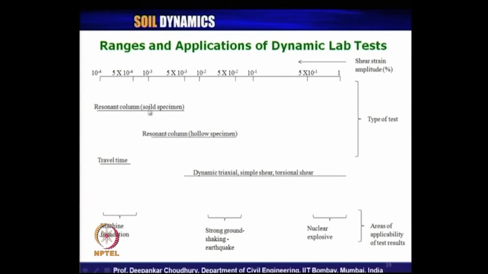But if you use the resonant column value of a solid specimen for earthquake analysis, it will again give a wrong design procedure. Your input value will be wrong, then obviously your further calculations will not be correct. Likewise, if you use piezoelectric bender element values or any travel time values where you have computed the value of Vs, which is also the case for the SASW test, you estimate only Gmax.